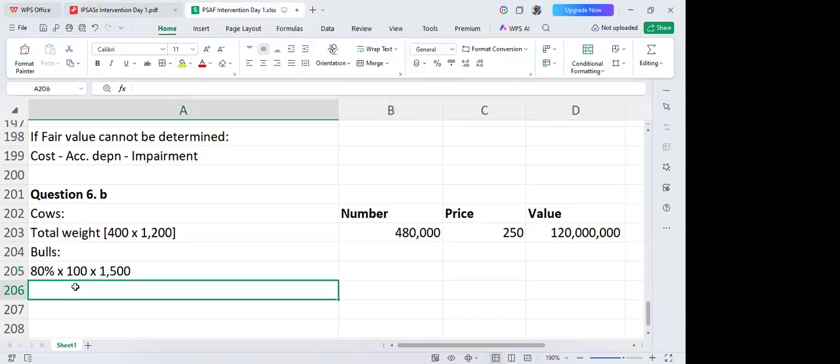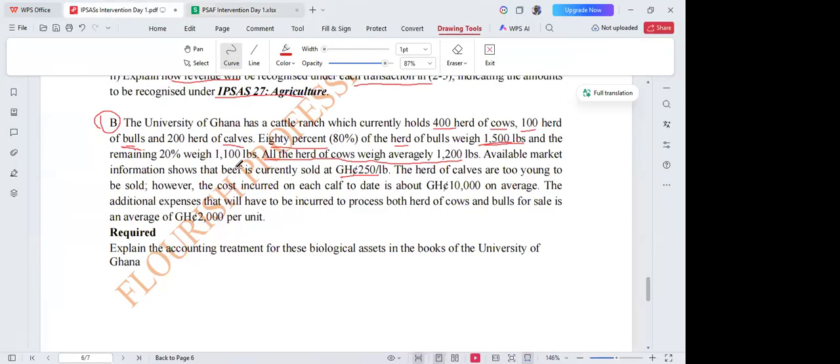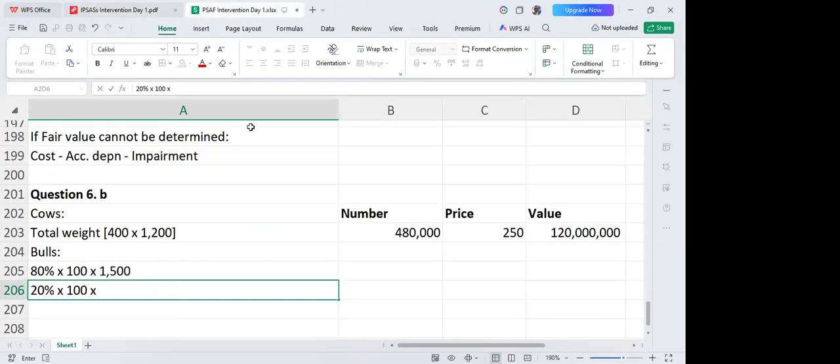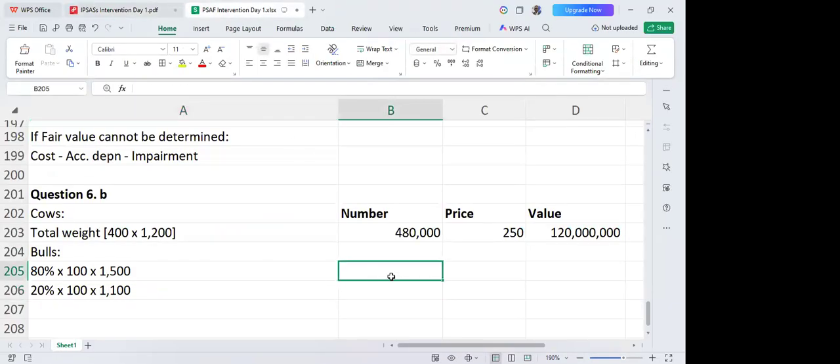Then we come to the other one, the 20%, on 100. I'll multiply by the weight for that one, which is 1,100. So what do we get for each?